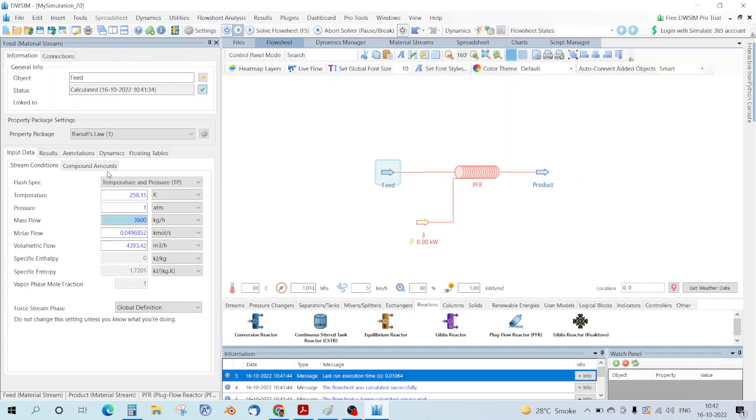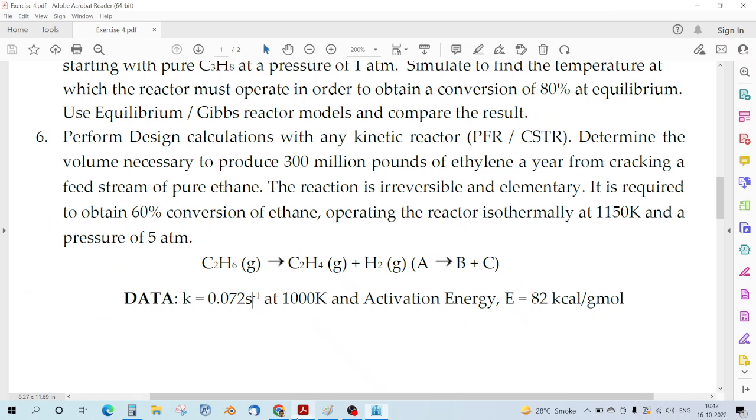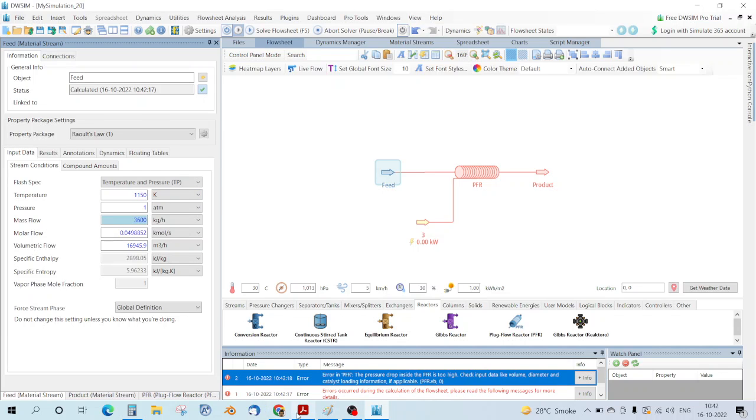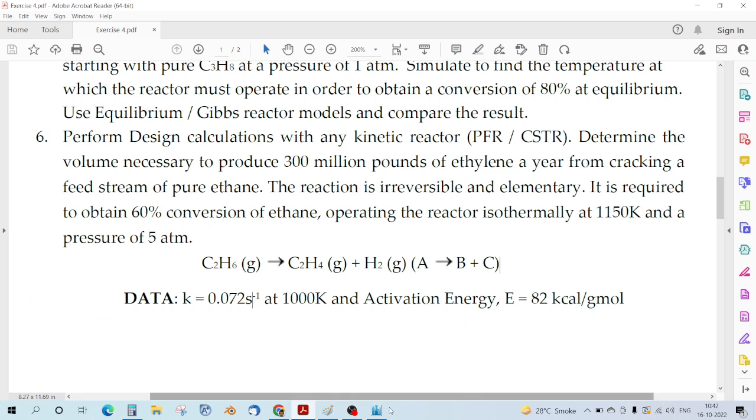Simple. Now the feed would be at a temperature of 1150 K, and pressure is 5 atm.